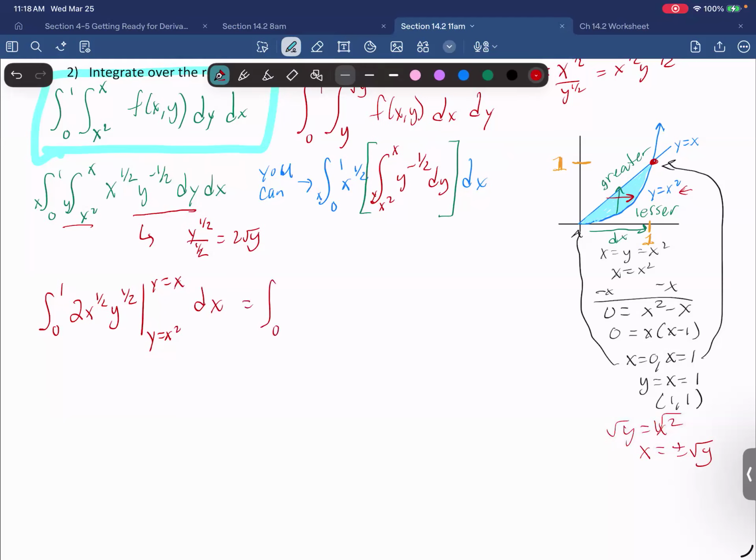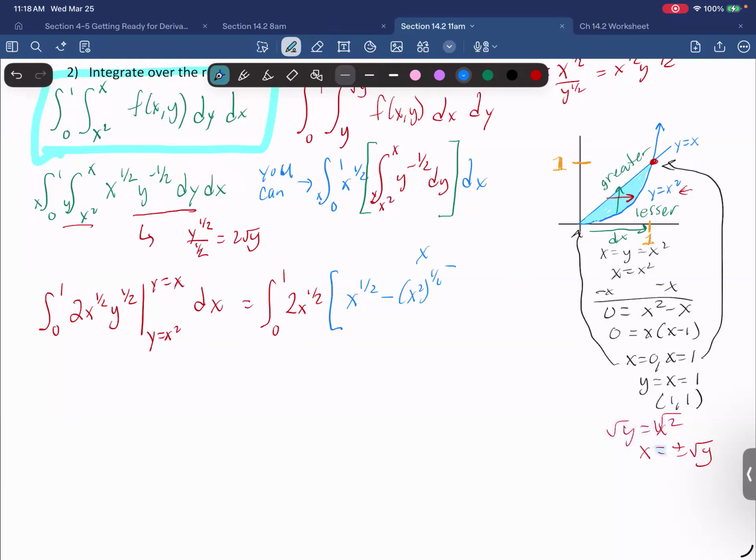Okay, so I've got 0 to 1, 2x to the 1/2, and then we distribute that. I've got y to the 1/2, so square root of x, or x to the 1/2, minus x squared to the 1/2, which will just be x.